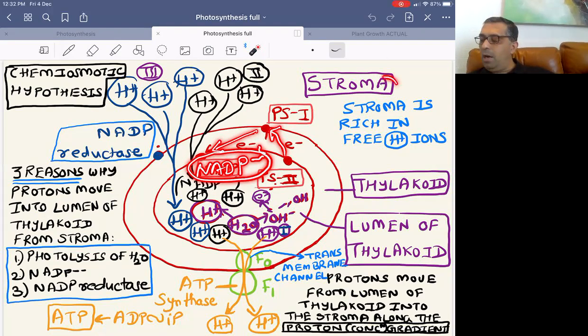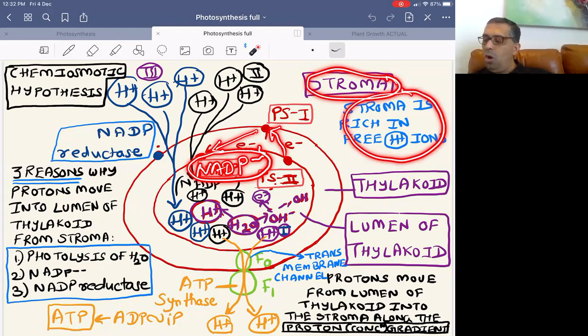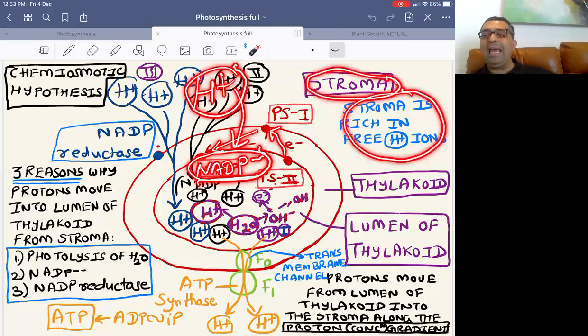And if you remember, stroma is rich in protons. So H plus from the stroma will now have an electrostatic attraction for negatively charged NADP minus, and plus moves towards minus.